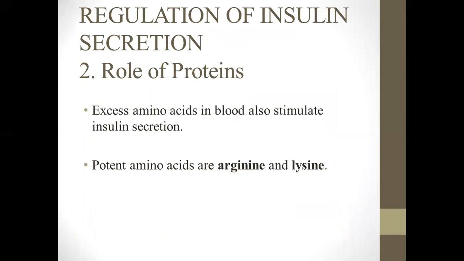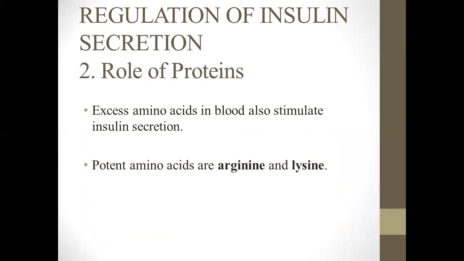Regulation of the insulin secretion is also through the role of the protein. When there is excess amino acid in the blood, that will stimulate insulin secretion. Why? Because amino acid is stored in the muscles and in the liver.